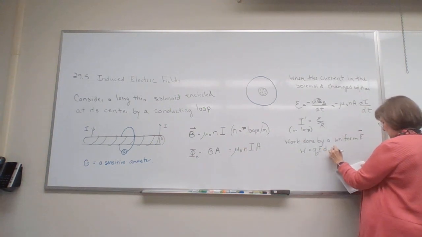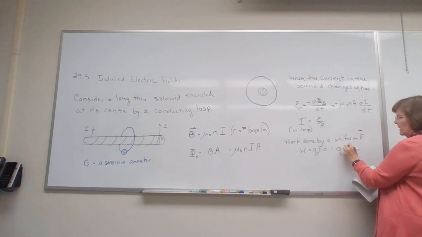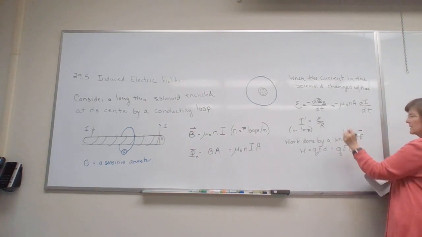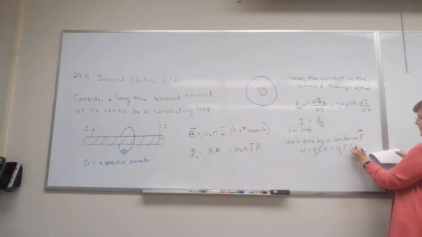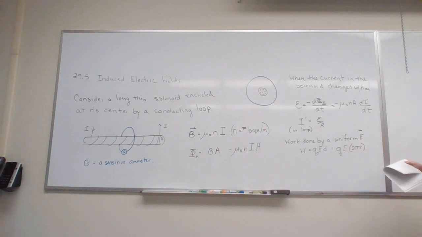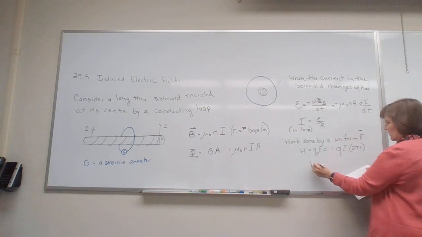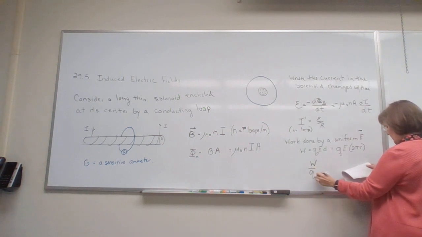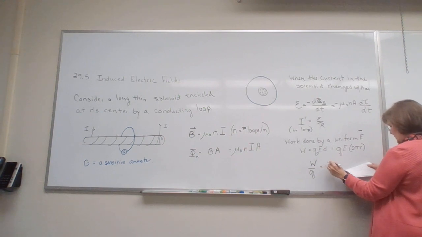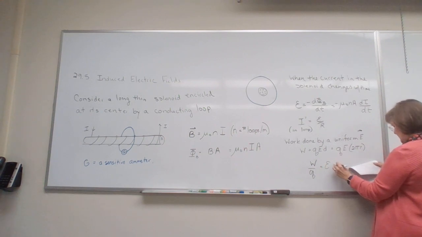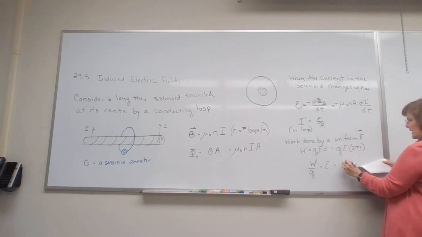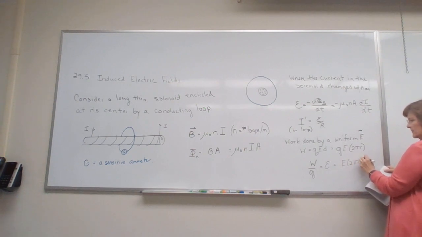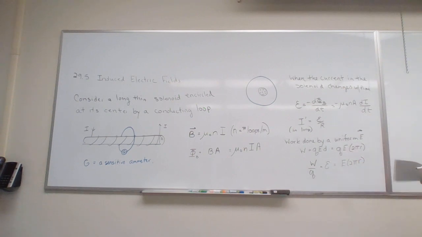In this case, that would be QE times, for one trip around, 2 pi r. If I take that and divide both sides by Q, I get work over charge, which is our EMF, has to equal E times 2 pi r.